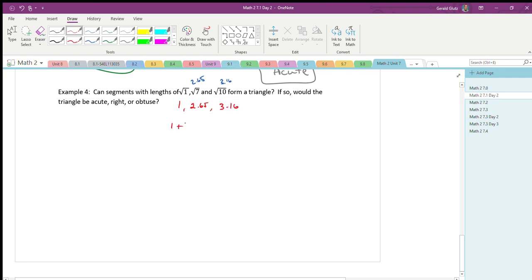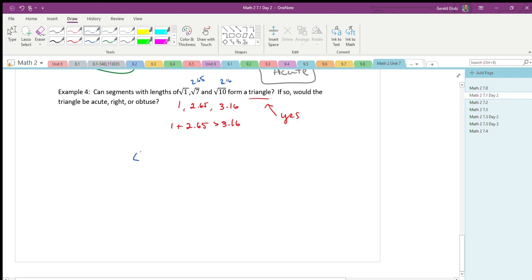So 1 plus 2.65 is bigger than 3.16, so it could be a triangle. The answer to this is yes. Now we have to figure out what type of triangle it would be.